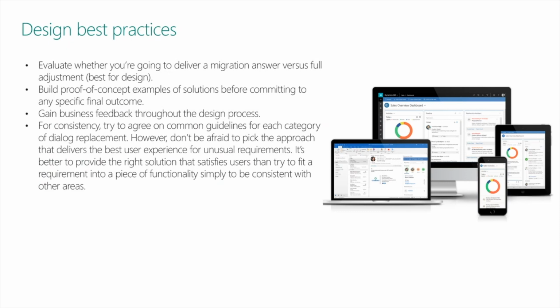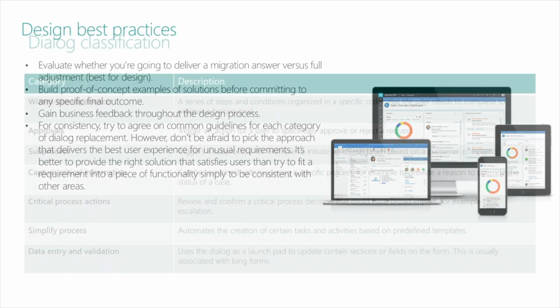Of course, there are always some exceptions, so that is fine, but it's a good practice to have a guideline for each category, and then depending on the business use case and scenario, you might have one or two exceptions.